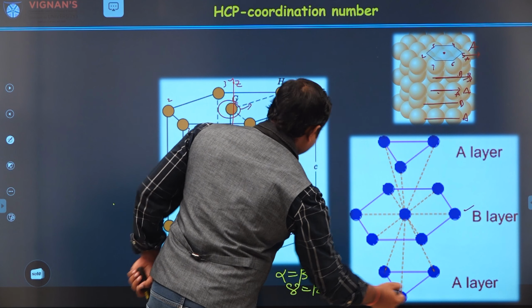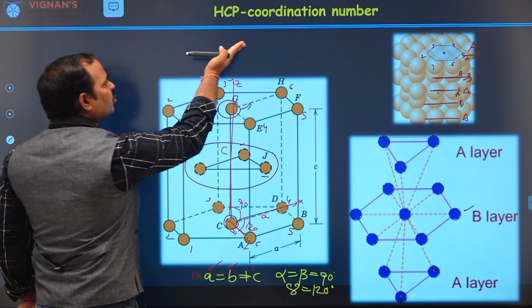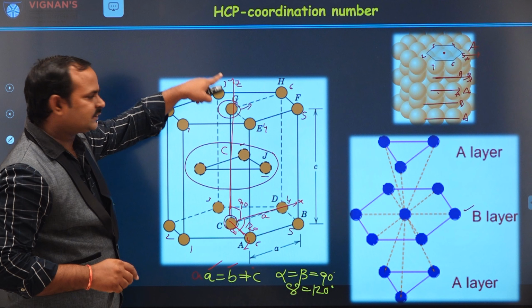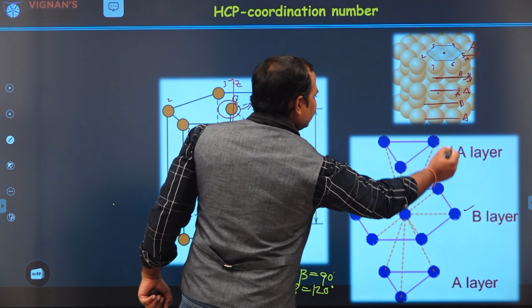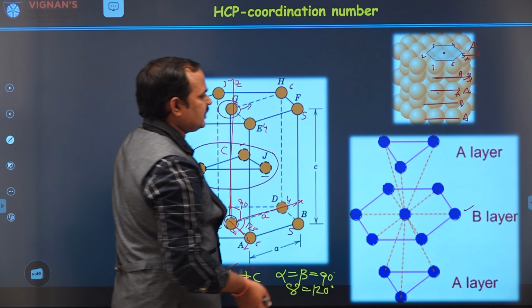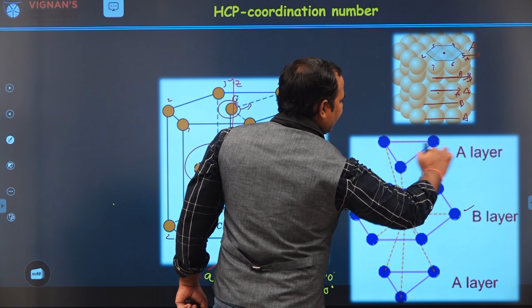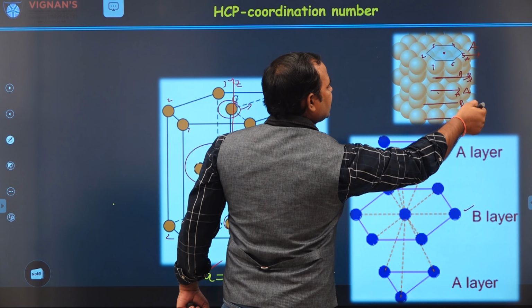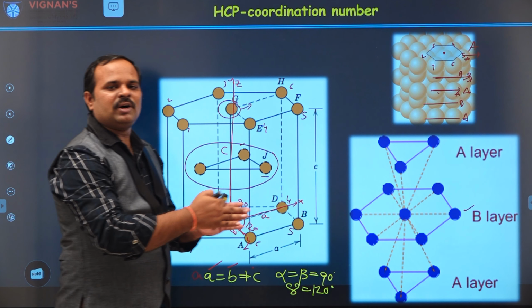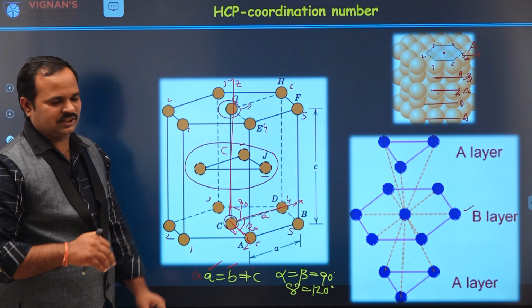Above it, one more hexagon has again three atoms. It can be anything; we can say this is the A layer, this is the B layer. A, B is repeating layers, which forms a hexagonal crystal structure.